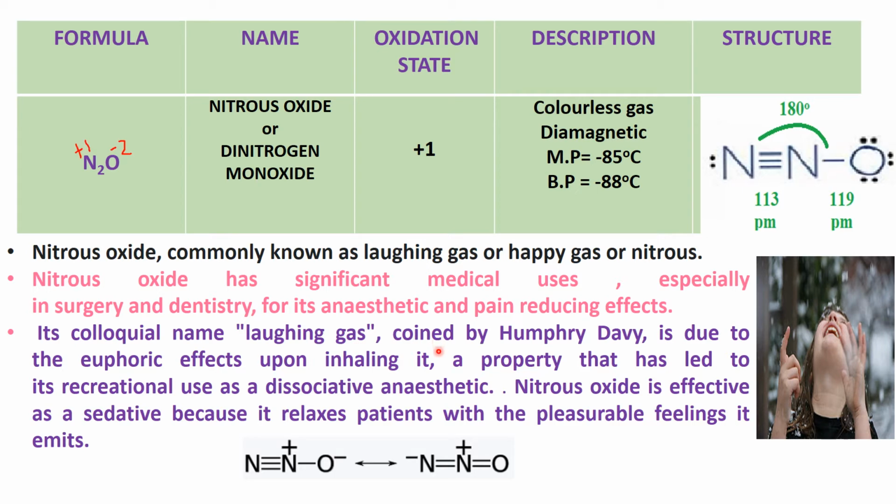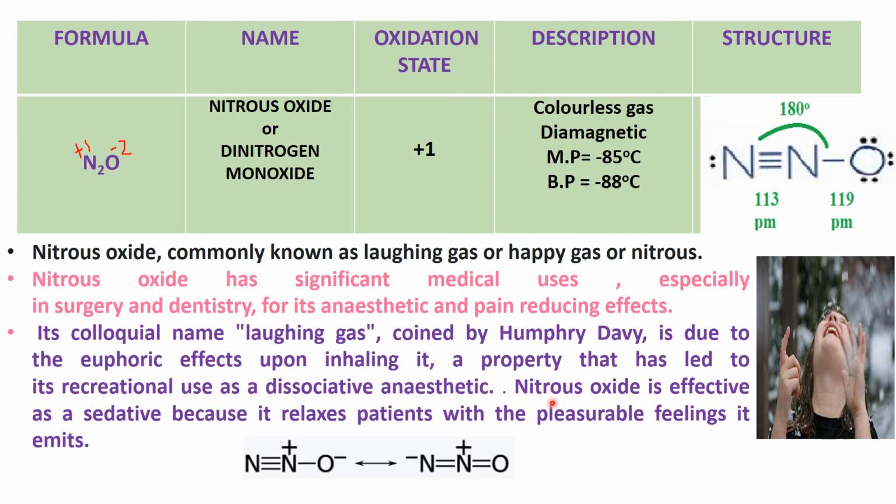He coined this name, laughing gas, due to the euphoric effects experienced by himself and his friends upon inhaling it, a property that has led to its recreational use and as a dissociative anesthetic.